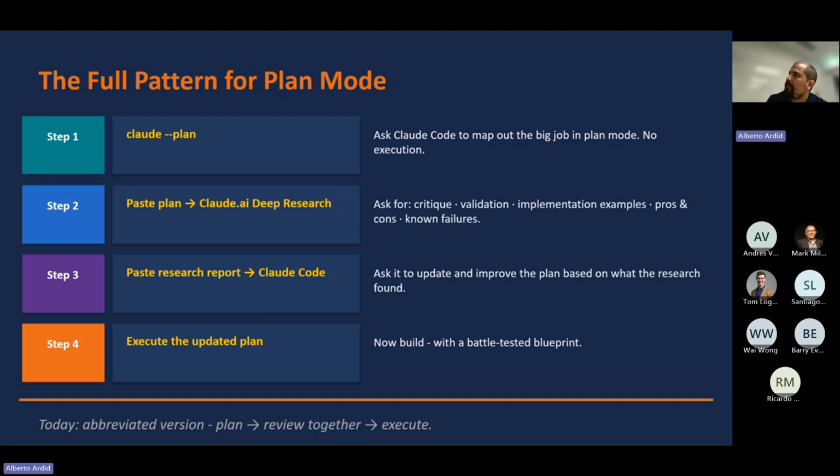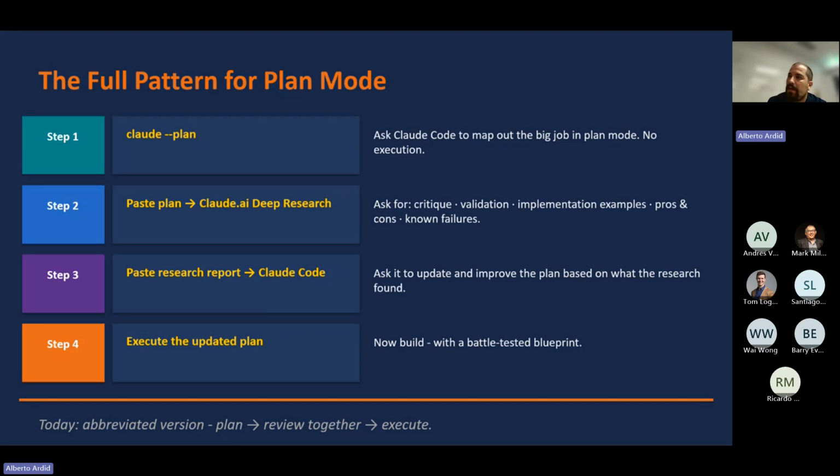I typically divide it into 4 steps. You develop the plan, and then I take that plan, copy it and paste it into Claude AI or ChatGPT or some other chat box with the deep research mode. I guess you're familiar with that button in ChatGPT or Claude.